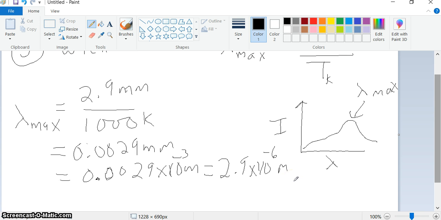By the way, it doesn't ask us this, but that's the wavelength that it emits most strongly. That's actually in the infrared, just to let you know. All right, let's move on to the next one.